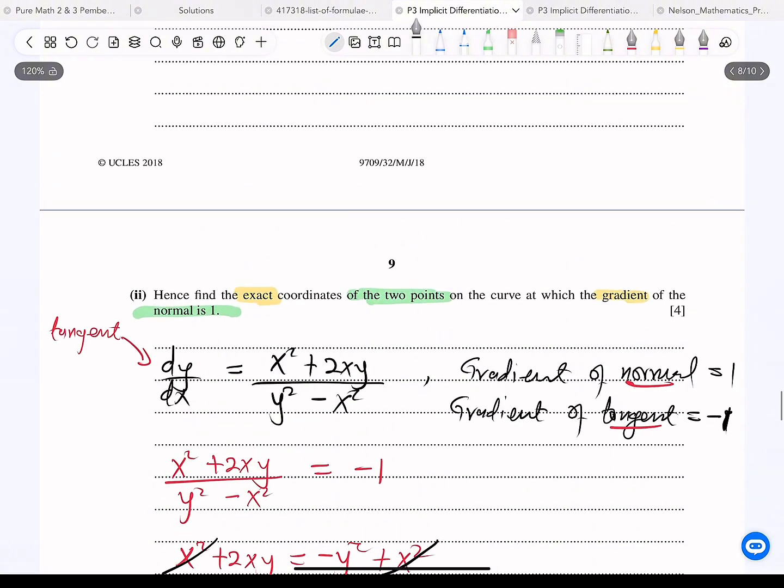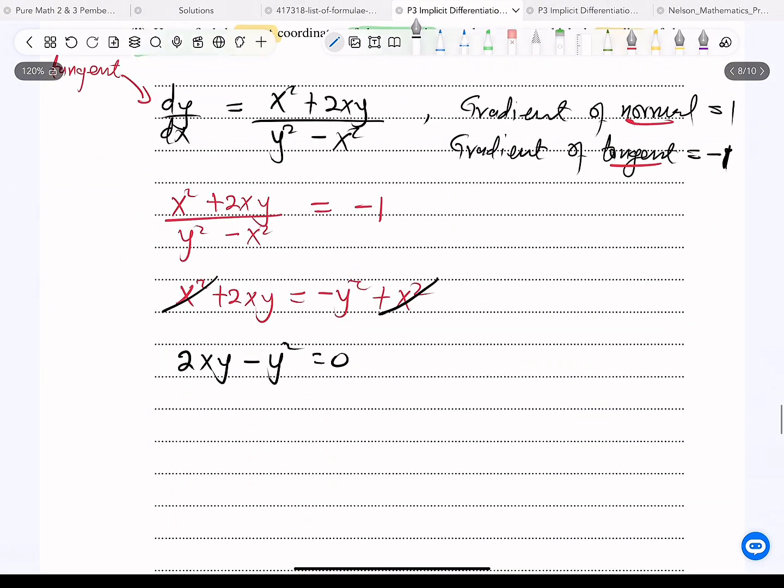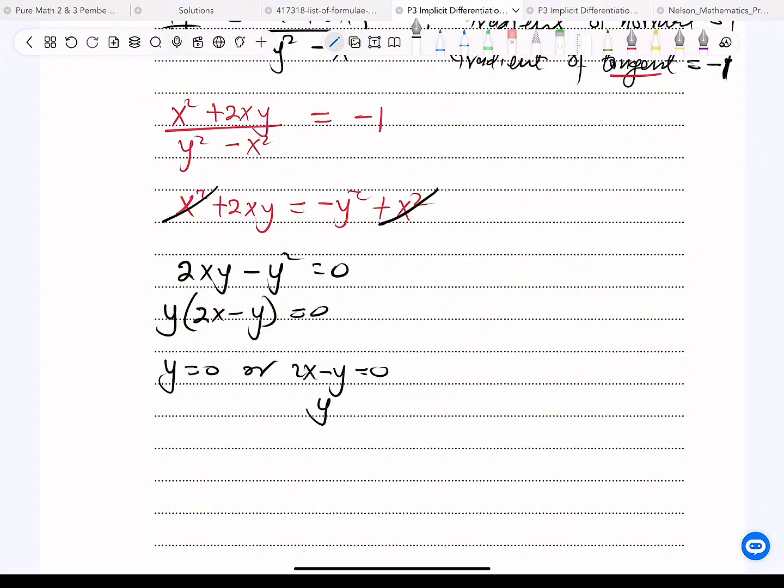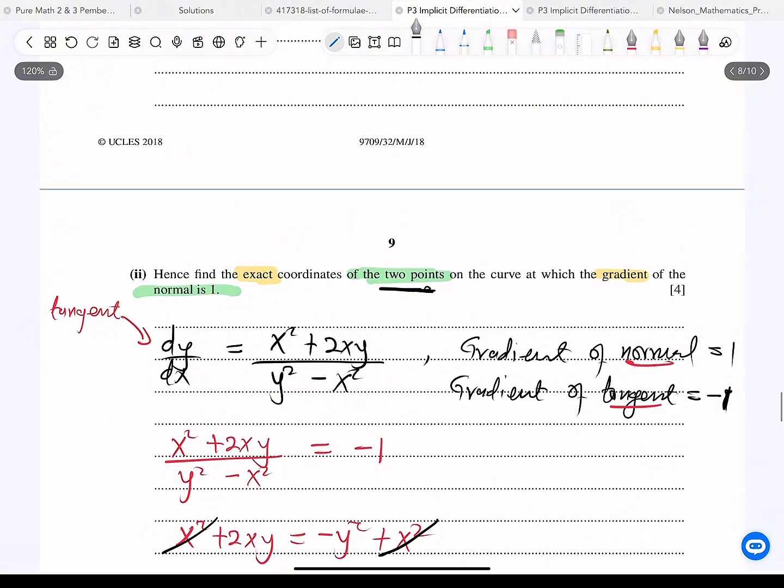And you need 2 answers, 2 points. I keep telling you this because I know it's a mistake you are likely to make, all right? So rather factor y out and you would have something like this. So y is equal to 0 or 2x minus y is equal to 0. So y is equal to 2x. Okay, and you are going to use these two equations to solve simultaneously with the main equation.